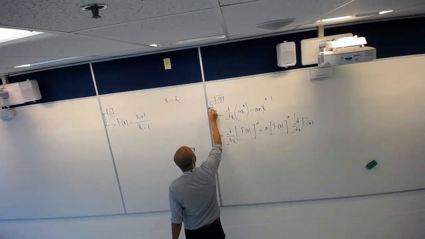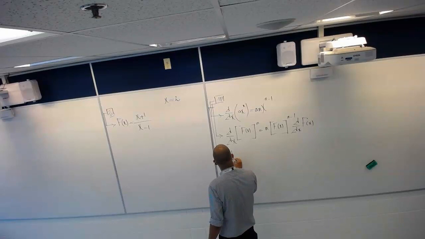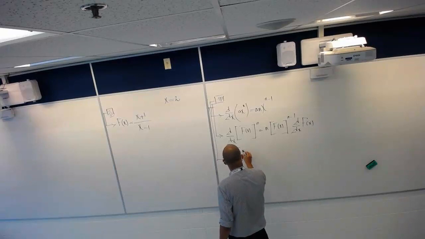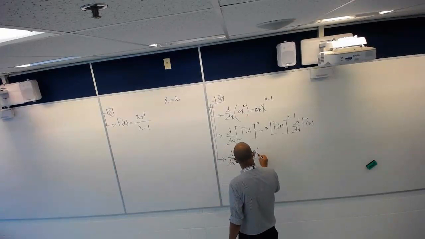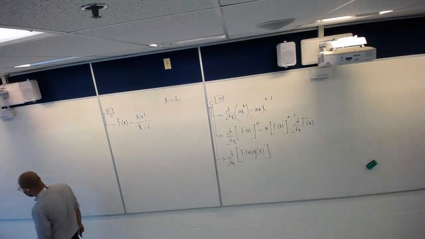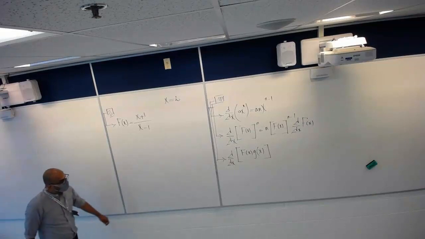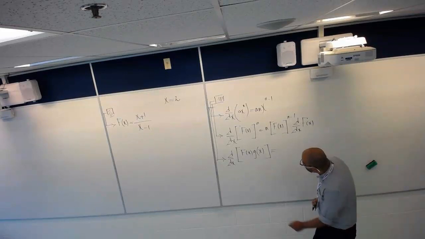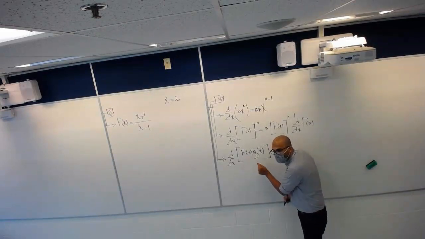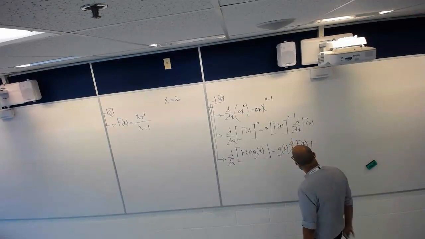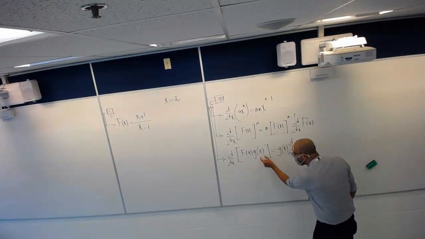Also, we said that if we have a product of two functions, f of x multiplied by g of x, then the derivative is the derivative of the first one times the second one, g of x times d over dx of f of x, plus the derivative of the second one times the first one.